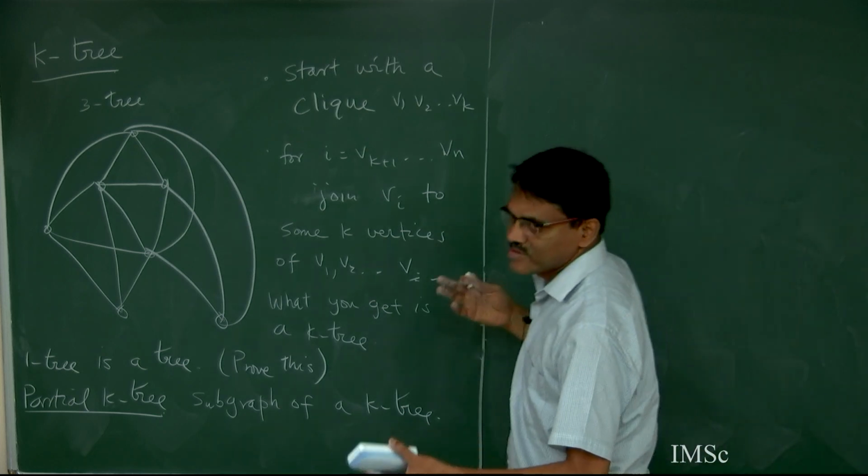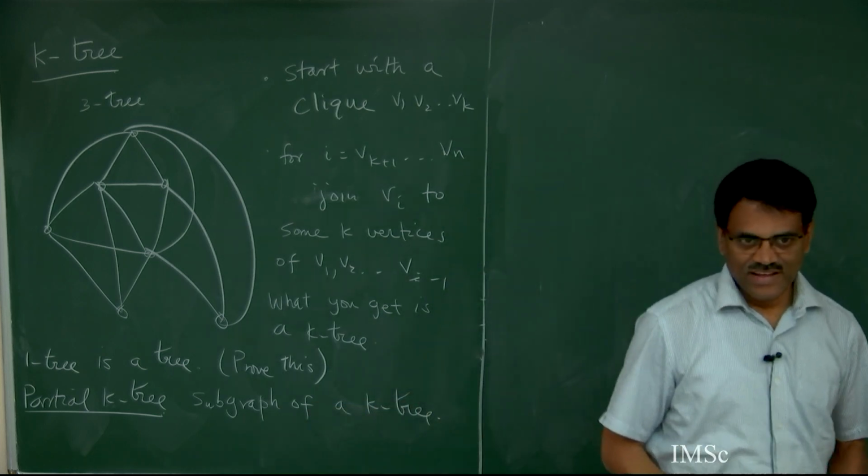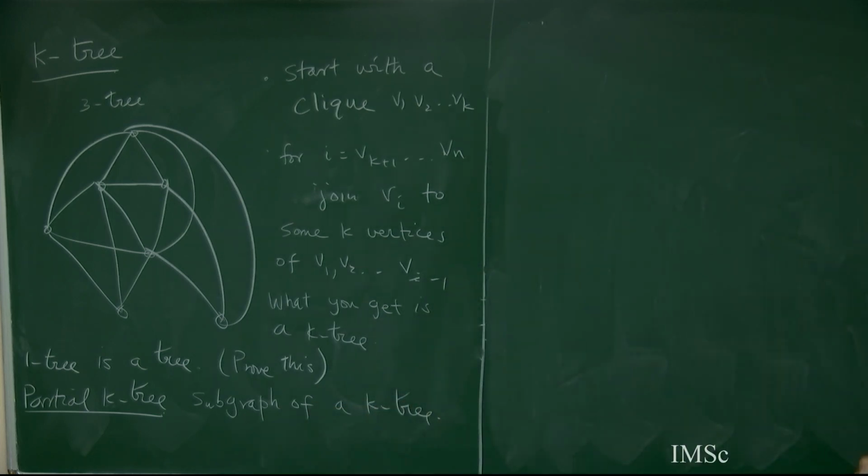So here's a nice characterization. Graphs with tree width at most k are exactly partial k-trees.